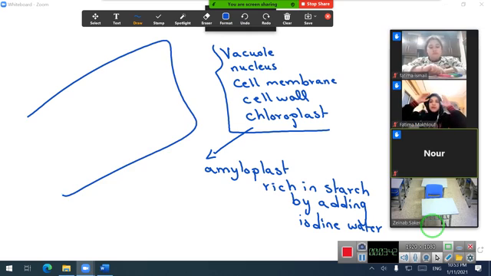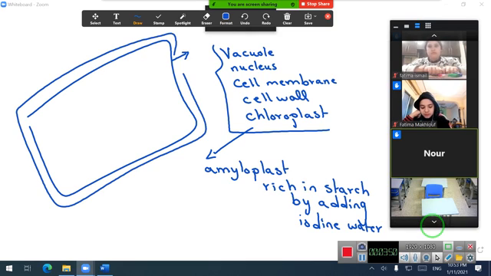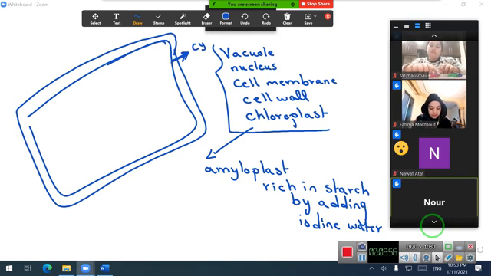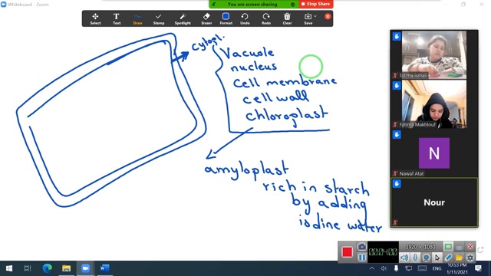So the plant cell has an elongated shape. What do we call this outer shape? I have two outer shapes. The inner one, this one. Plasma membrane. Yes, excellent. So the cytoplasmic membrane, or we can also say cell membrane.